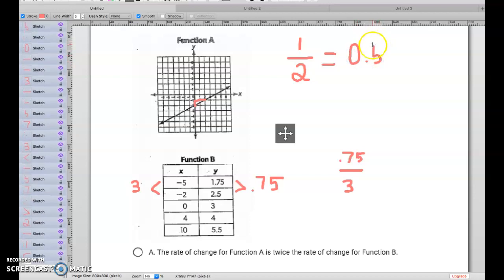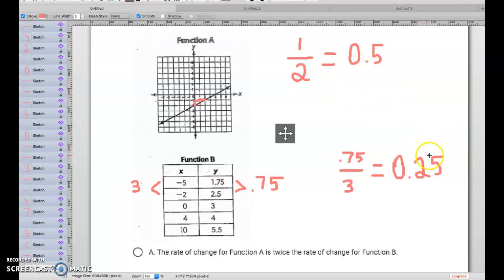You definitely need to remember 1/2 is the same thing as 0.5. 0.75 divided by 3, you do that division in your calculator, you're going to get 0.25. So obviously 0.5, the rate of change of the first function, is bigger than 0.25, the rate of change of the second function. So function A has the bigger rate of change.